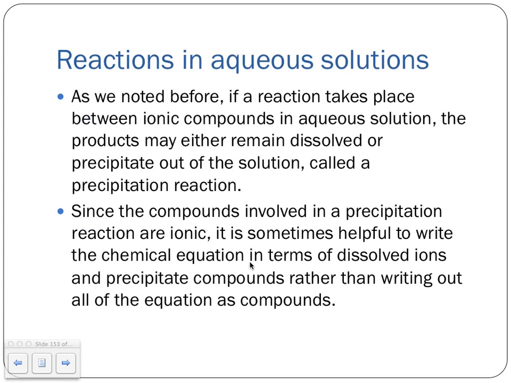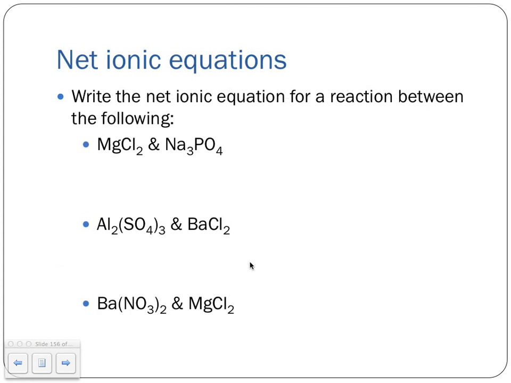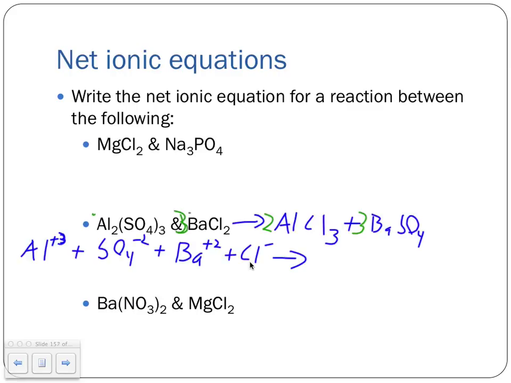Aluminum chloride should be a soluble substance here. So we can go ahead and write out the Al plus 3, and then plus the chlorides, which are going to be Cl minus. And then the last one will be that barium sulfate.